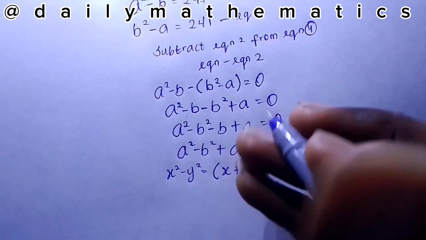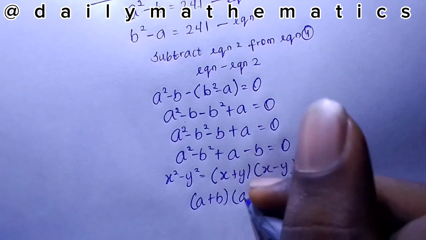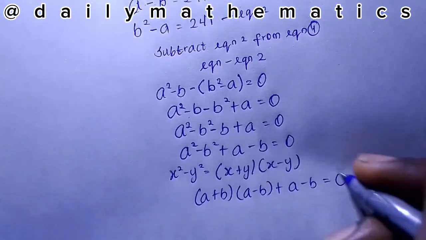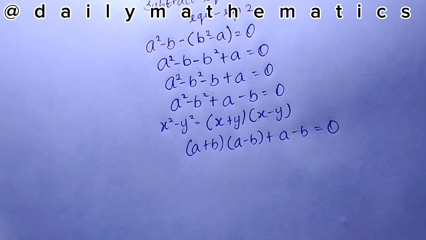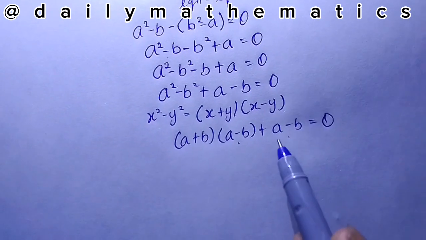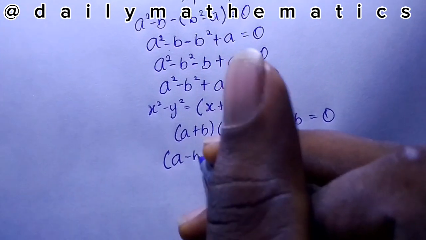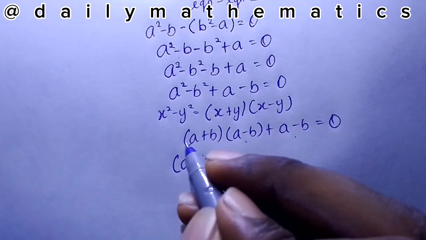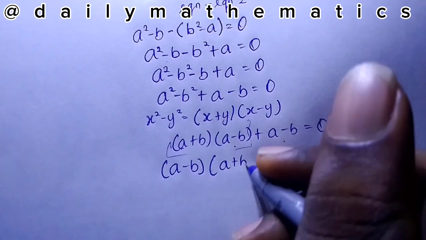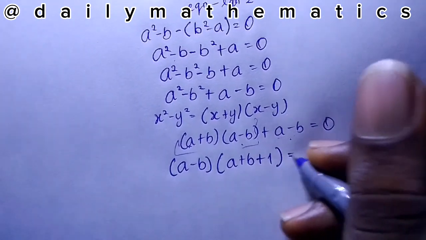So A squared minus B squared will give us A plus B and A minus B, plus A minus B equals 0. Right? So from here we can see A minus B in here common. So we bring out A minus B. When we bring out A minus B from here, we have A plus B left. And when we bring out A minus B here, we have 1 left, equals 0.